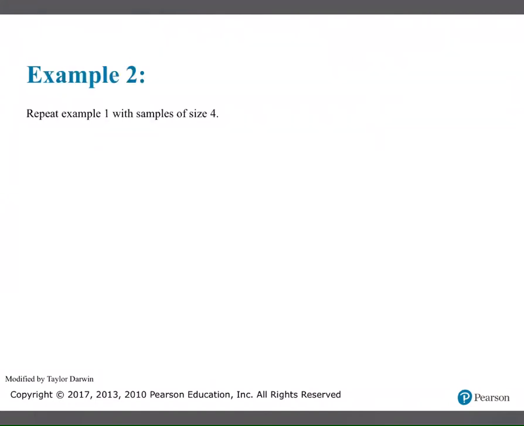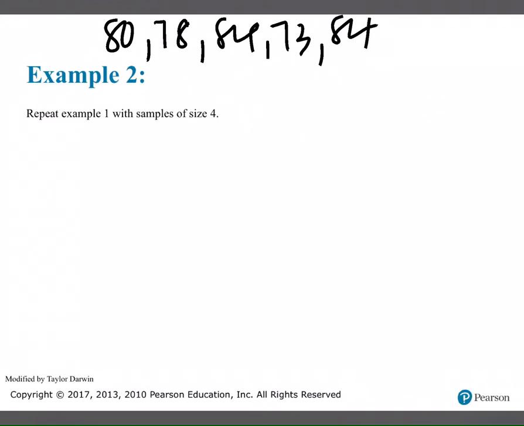So we're going to repeat this with sample size 4. And I am just going to do a couple and then I'll just give you the value. So remember our heights in inches were 80, 78, 84, 73, 84.